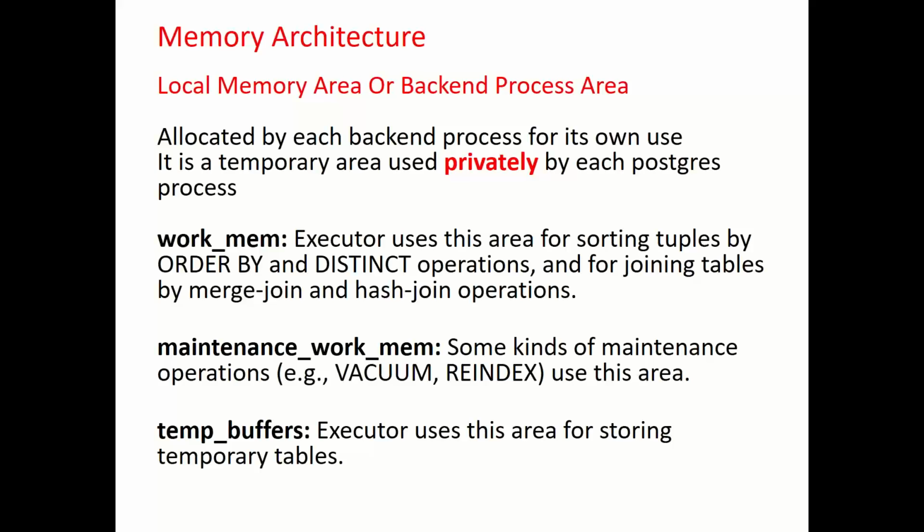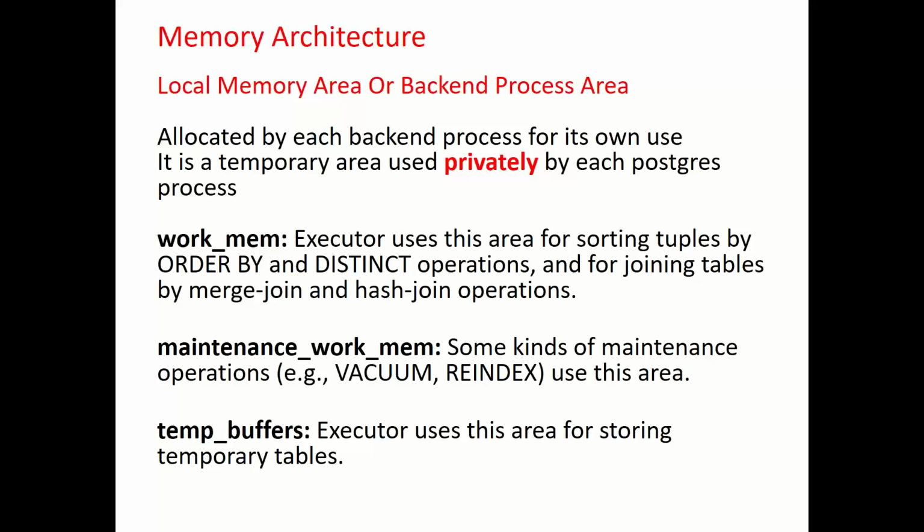But each session will also have its own private memory, somewhere around 4 MB. This 4 MB is a limit. You can change it for a particular session, or overall for the cluster, for a database, or for a user. This is known as the private memory.